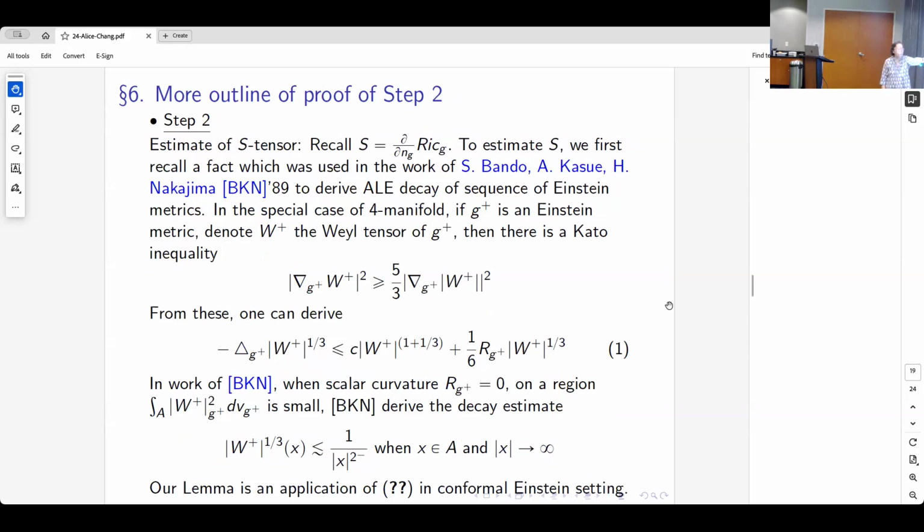They study the asymptotically ALE-N sequence of Weyl curvature with Einstein manifolds. And they made a crucial observation that for an Einstein manifold, the metric Weyl has this Kato constant 5/3. And that leads this Weyl to the 1/3 power to satisfy a decay property of the equation.